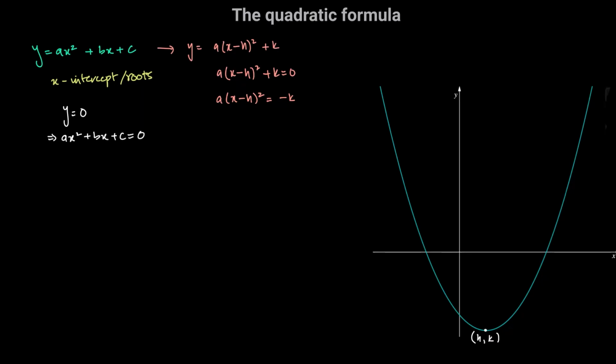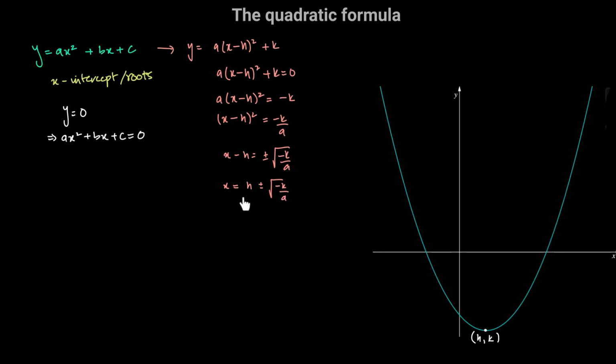So we have x minus h, the whole thing squared, is equal to negative k over a. And then x minus h is equal to plus or minus the square root of negative k over a. If we add h on both sides, we get x is equal to h plus or minus the square root of negative k divided by a.